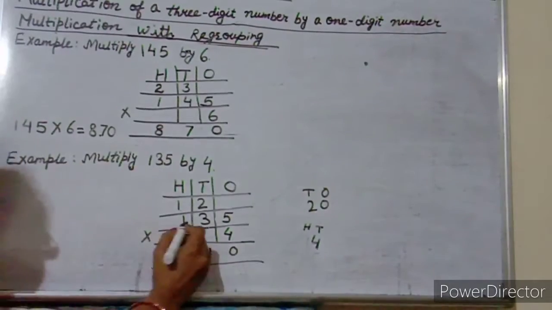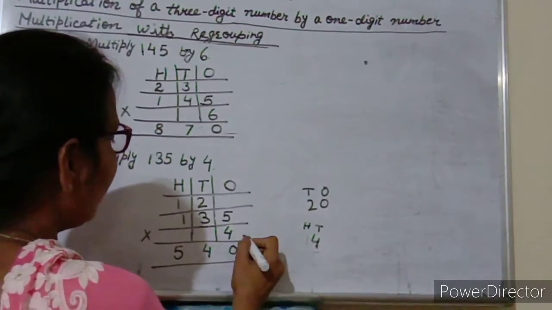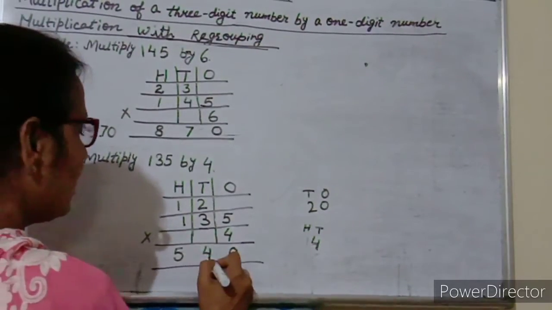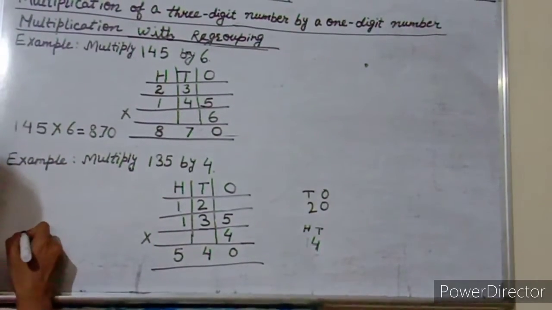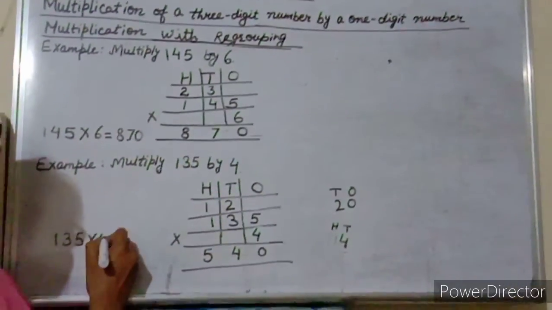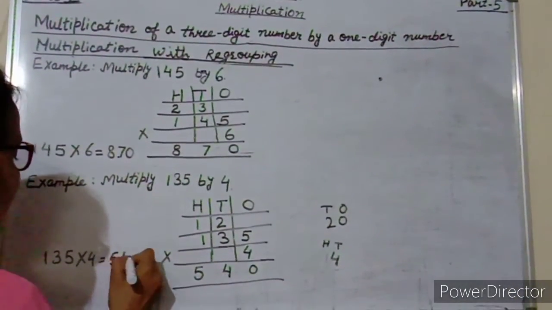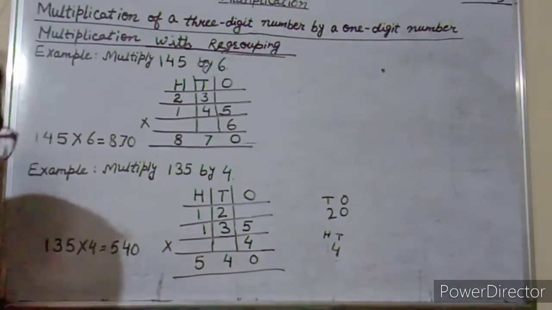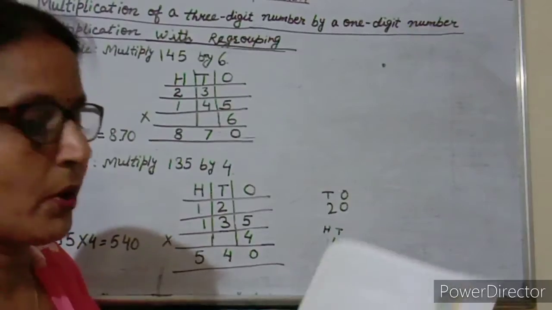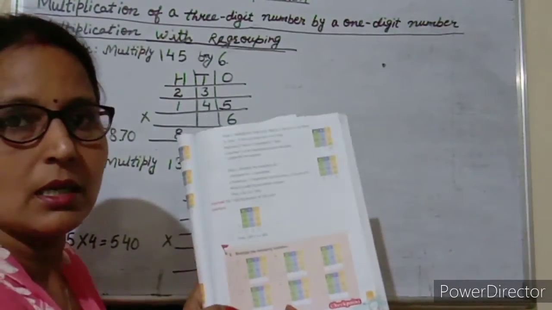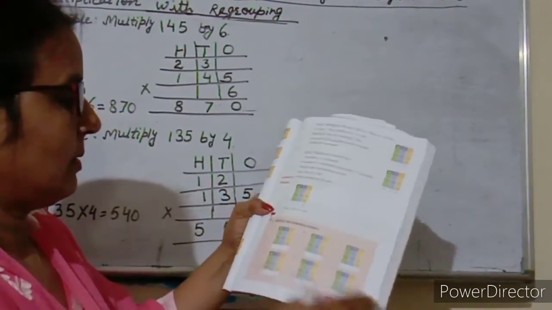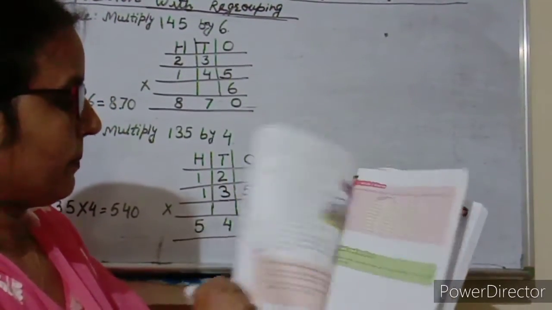So students, 135 by 4 is equal to 540. 135 into 4 is equal to 540. Now students, some questions I am giving you from your maths course book, from Checkpoint 8.